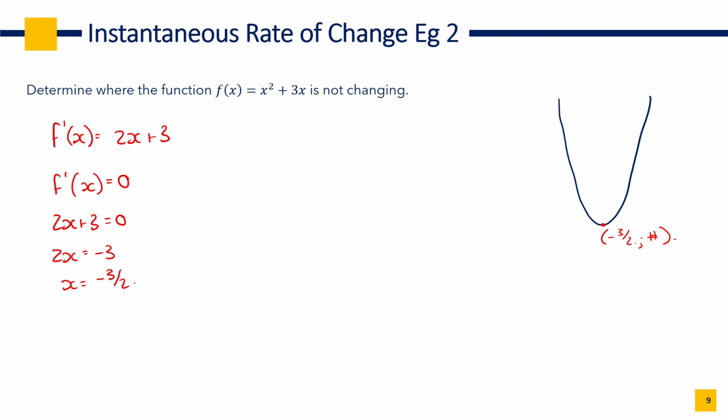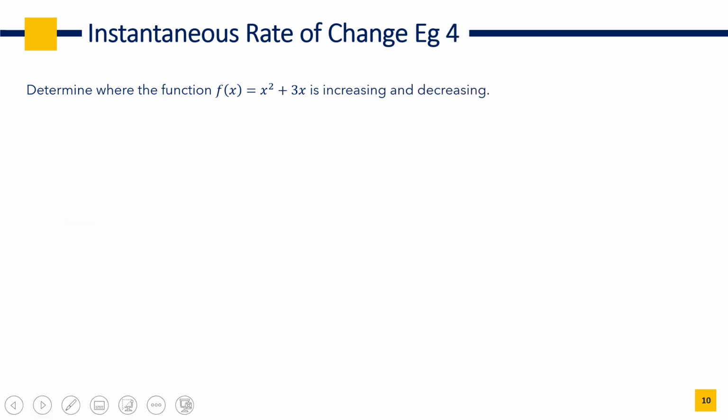So we can also ask the question of, hey, where is it increasing and where is it decreasing? And if we do that, once again, we need that point where it's actually not changing. And then we investigate a little to the left of that point and a little to the right of that point. The reason I'm using the words a little to the left and a little to the right is because sometimes you have more than one turning point. You don't want to take a point far over here because it's not going to accurately represent this entire area.